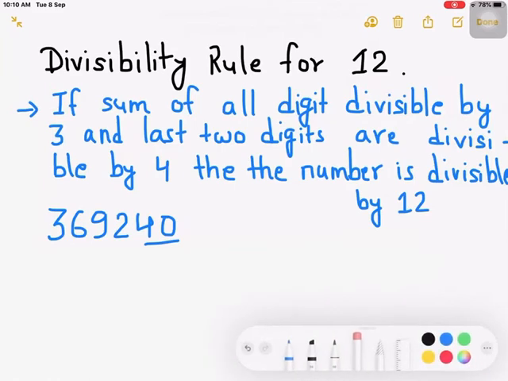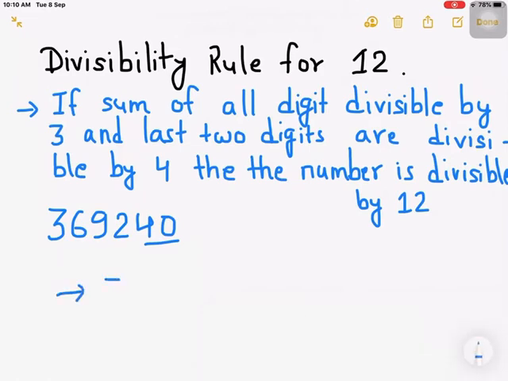Now let's check this number, the sum of all digits here. The first condition is that it must be divisible by 3. So the sum of all digits.